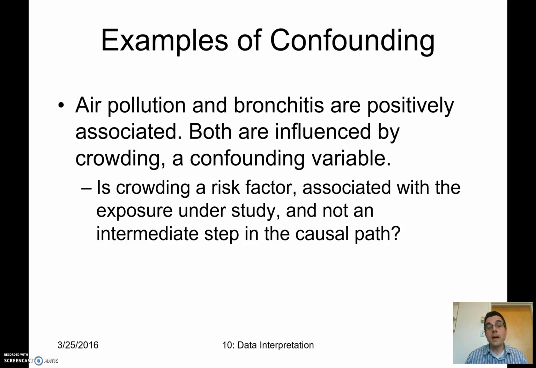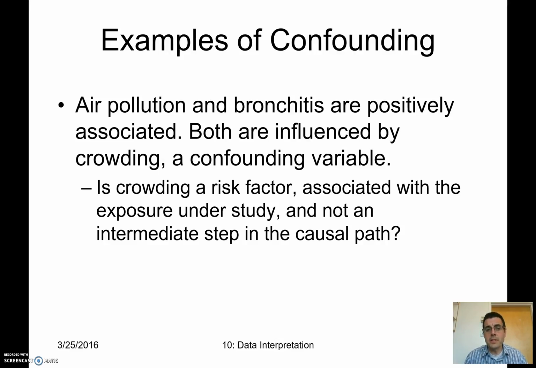But we also have examples where air pollution, such as in Cache Valley, is pretty terrible during the winter months, but it's not related to crowding. So air pollution is not an intermediate step to crowding. It's not that you have crowding and therefore you must have air pollution, terrible air quality, and therefore it will lead to bronchitis.